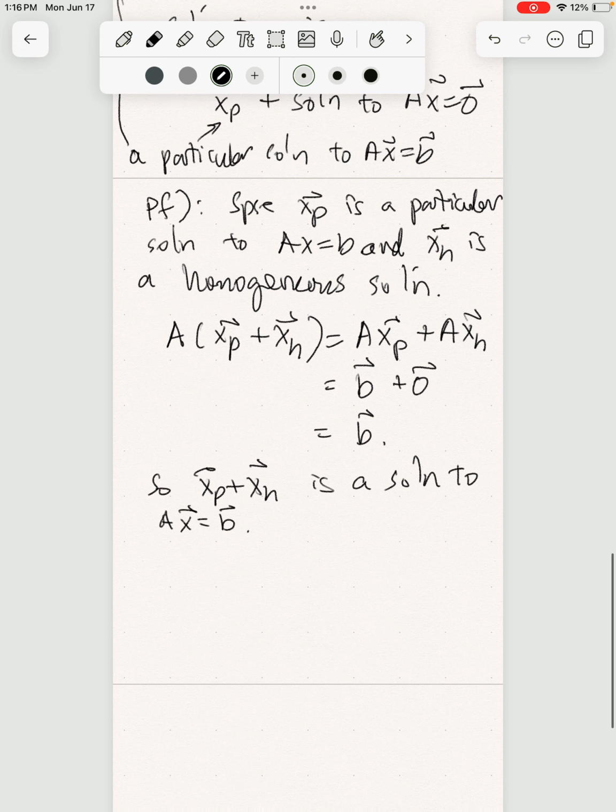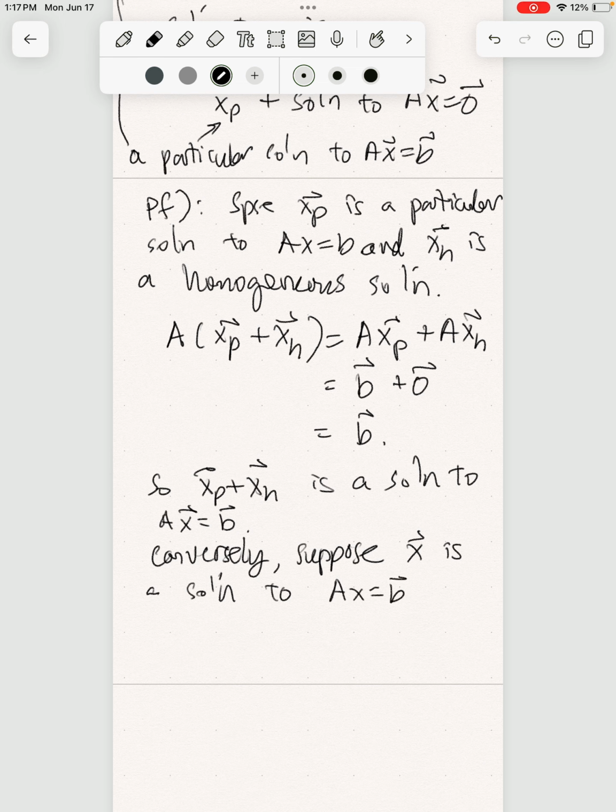So conversely, suppose that you do have a solution x. Let's use x0. Suppose that x0 is a solution to Ax equals b. Why is it true that x0 must have the form xp plus xh?